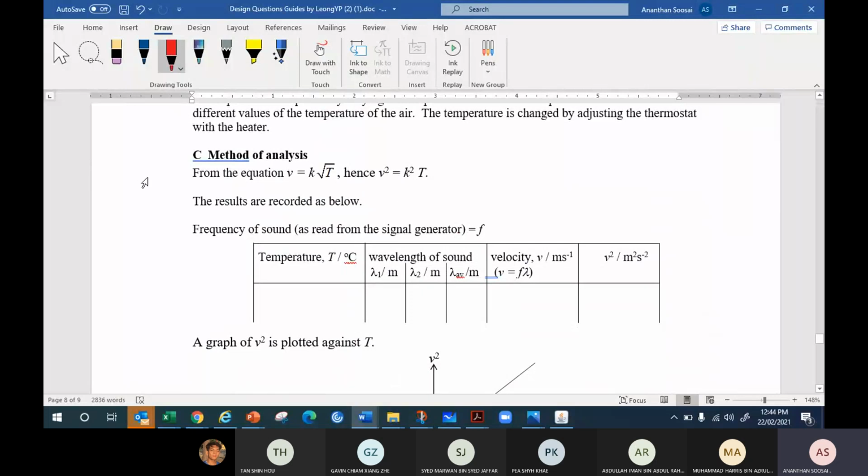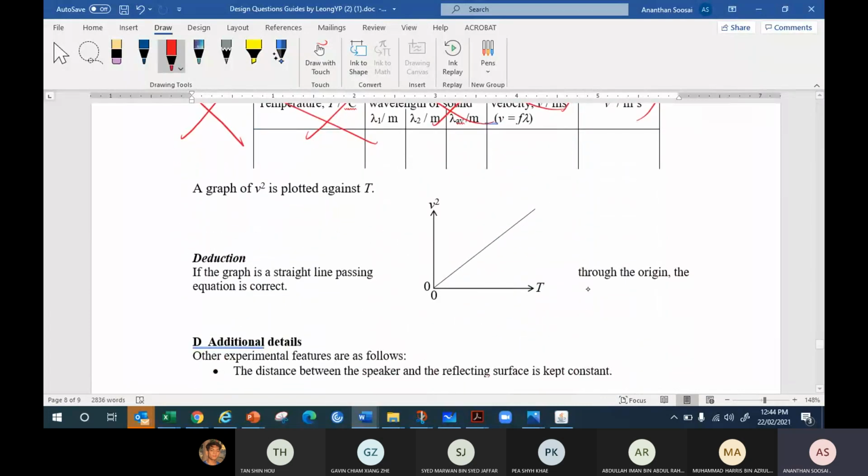Under analysis, what graph is to be plotted? The results are recorded as below. For this you don't need to draw a table. Don't draw a table. You must tell what versus what is to be plotted. So here v squared versus t is 1 mark.